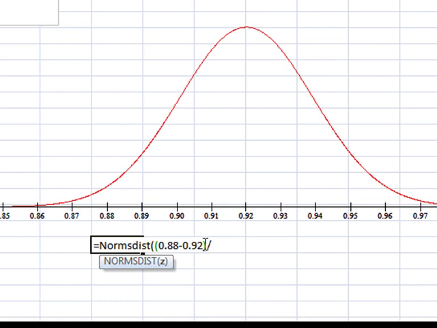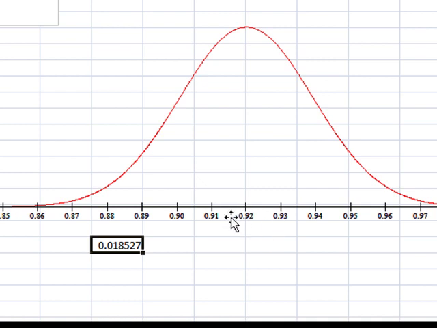And again, it's going to be rough, so I'm just going to put this here to save some time. I see that getting that number, 88% or anything less than it, has about a 1.85% chance of occurring. So getting any number in this region is really not very likely if the center is 92%.